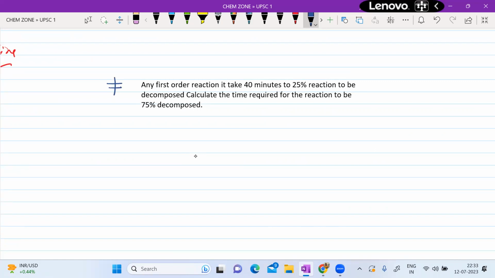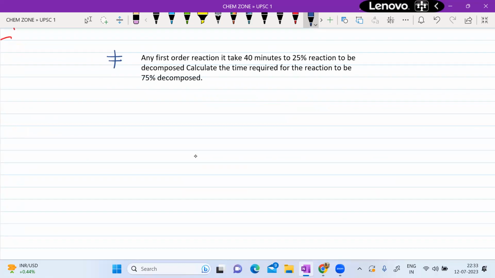Let us take one more example for understanding the topic well. In the question, it is given to you that a reaction takes 40 minutes for 25% completion. Means t 25% is given to you as 40 minutes.